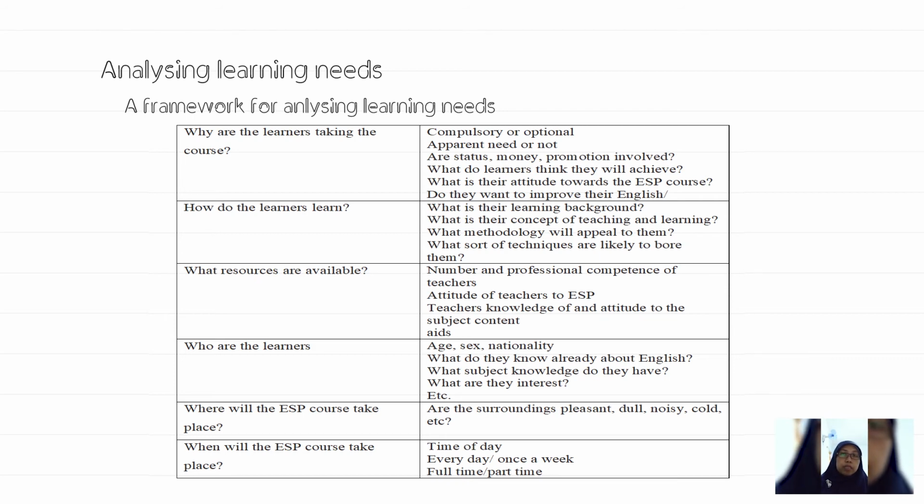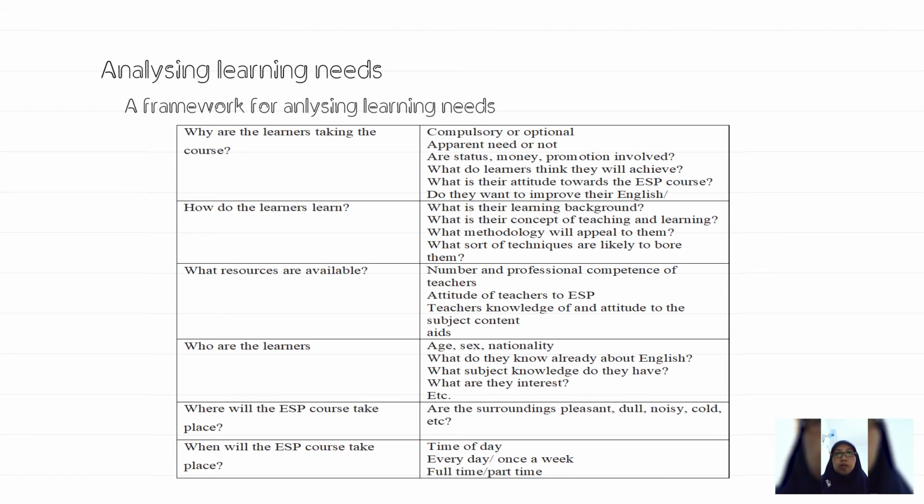It can be because of compulsory or optional, or apparent need or not, are status, money, promotion involved, or what do learners think they will achieve? And also the answer will be what is their attitude toward the ESP course, or do they want to improve their English? It can be the reason why the learners are taking the course.